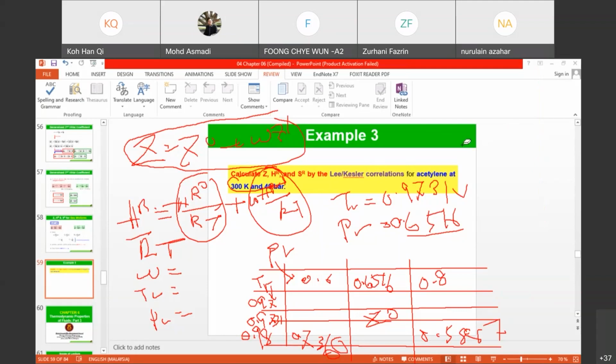Once you determine Z naught, with a similar method you can also determine Z prime. Okay, please determine Z naught.